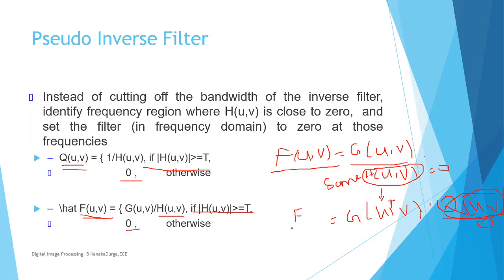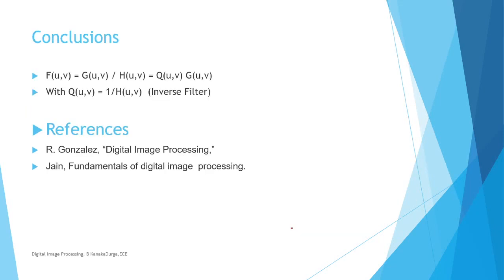In the pseudo inverse filtering, we are eliminating that condition. How? By considering the condition that the modulus of H(u,v) should be greater than or equal to a threshold value T. Otherwise, if it is not satisfying the condition, we directly assume that Q(u,v) equals 0. Indirectly, it leads to F(u,v) equals 0.